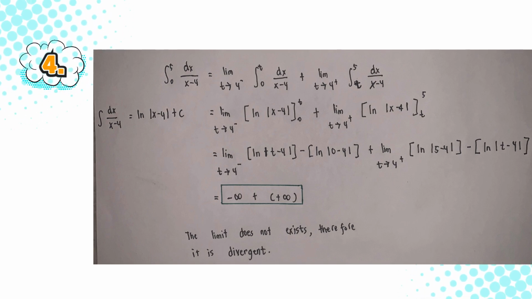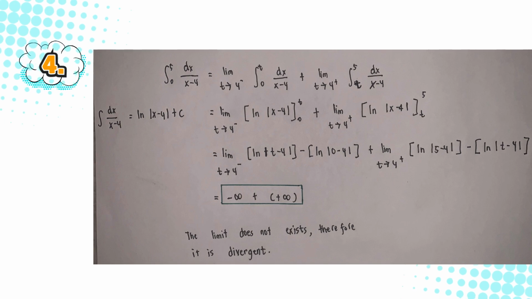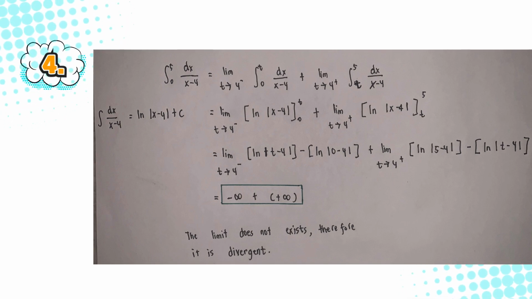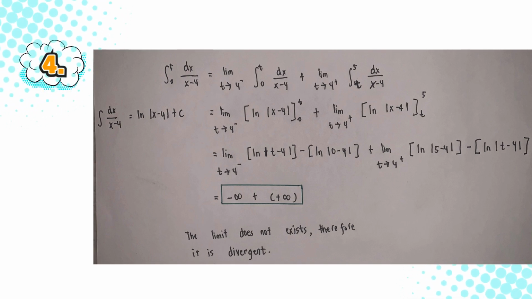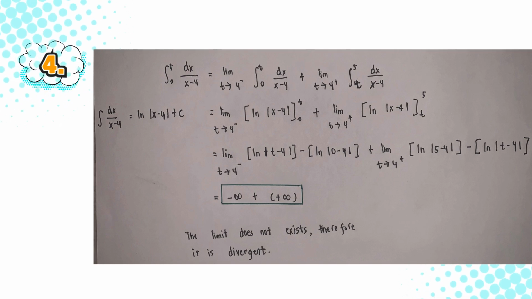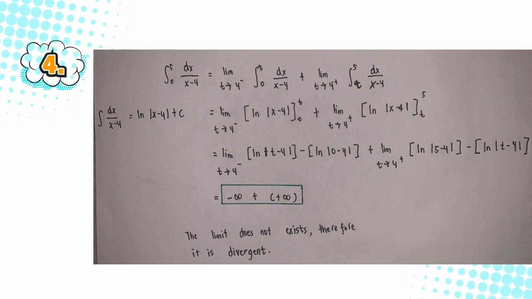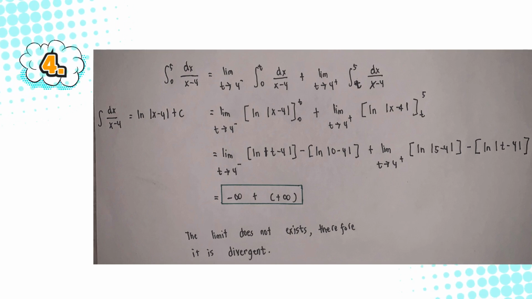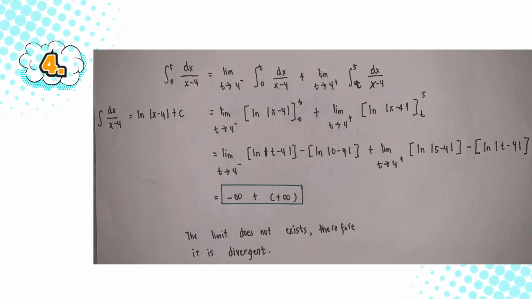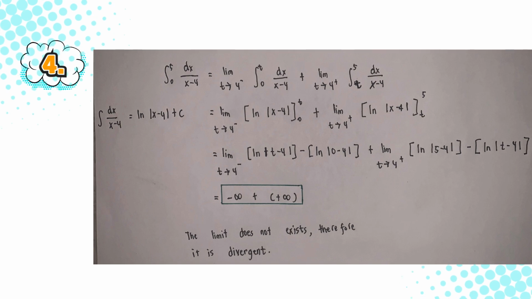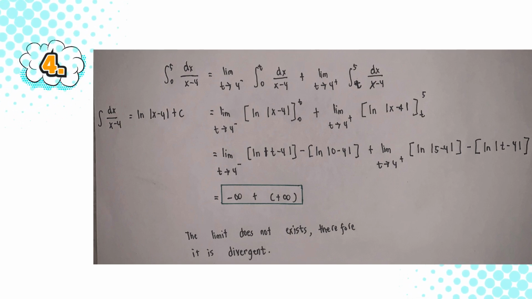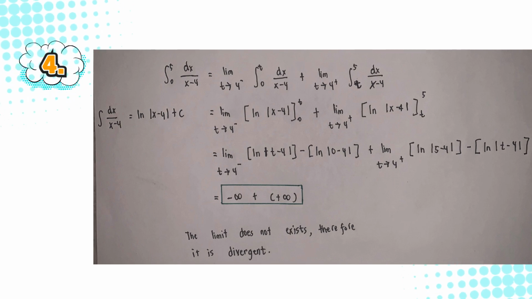So the integral of dx over x minus 4 from 0 to 5 is equal to the limit of the integral dx over x minus 4 from 0 to t as t approaches 4 from the left, plus the limit of the integral dx over x minus 4 from t to 5 as t approaches 4 from the right.